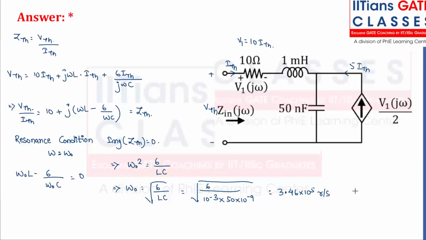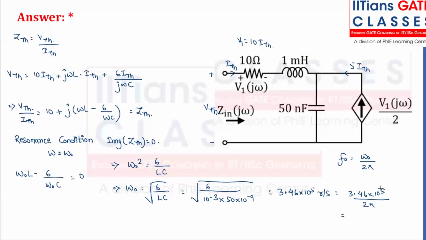But remember, linear frequency is asked. So F naught is equal to omega naught by 2 pi. So this is 3.46 into 10 to the power 5 divided by 2 pi.